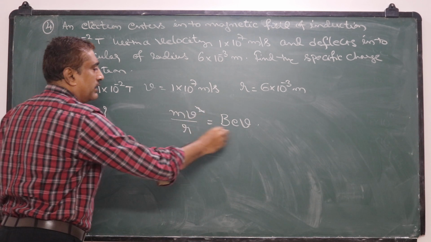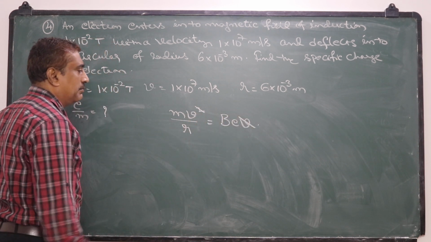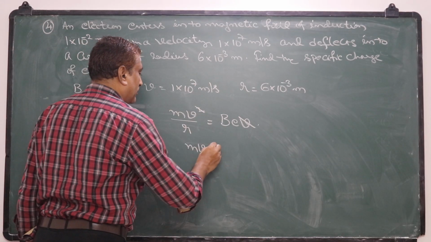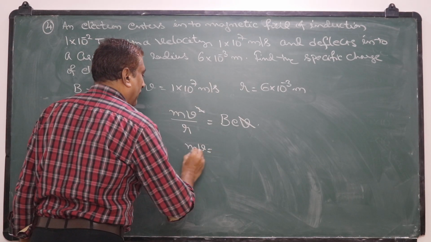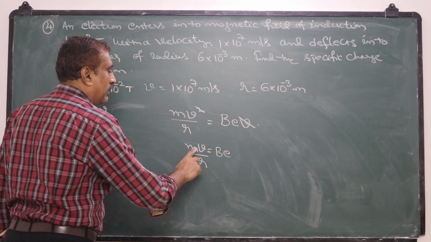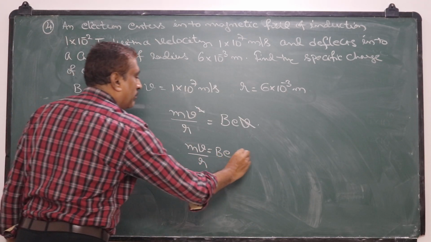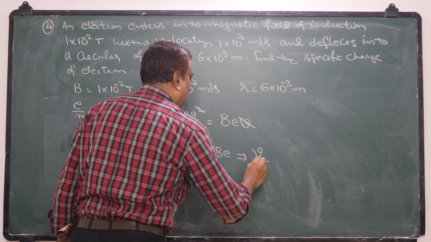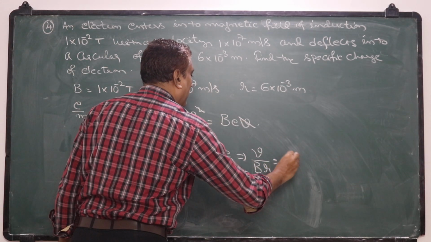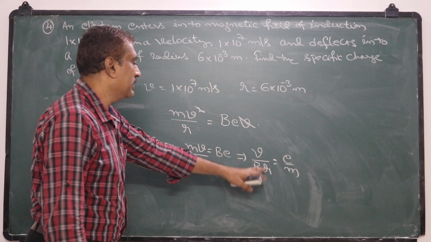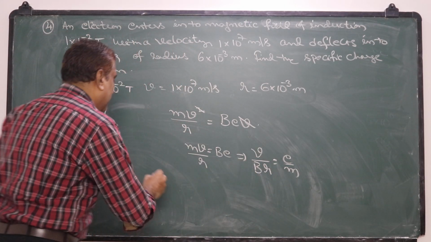Now cancel out this V, velocity. So mv by r is equal to Be. We have to calculate e by m. So this implies v by Br is equal to e by m. Now substituting the velocity, B and r values, we can calculate the specific charge.